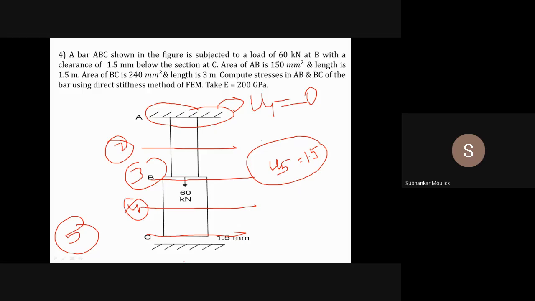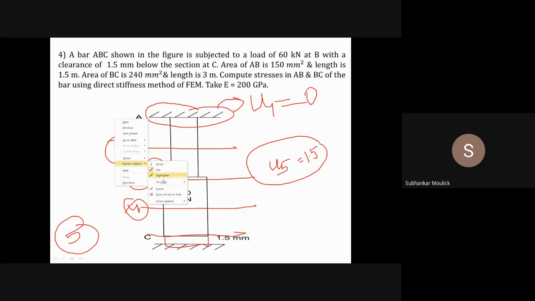Either it should be equal to 1.5 mm or lesser than 1.5 mm. The maximum possible displacement of node 5 is 1.5 mm. That means when you put U5 equal to 1.5 mm, this node will be exactly at this point. Is it clear? Yes, sir. Clear. So that is why U5 is 1.5 mm.